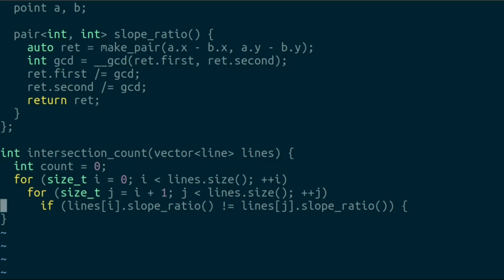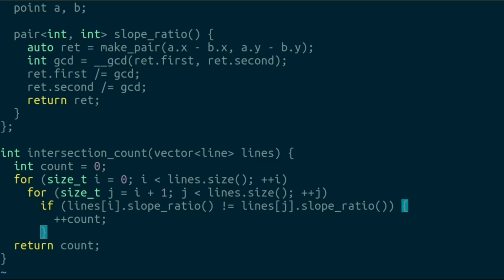Since the slope ratios are in reduced form, this is equivalent to checking whether or not the two lines have different slopes. That is, they are not parallel and therefore will have exactly one intersection between them. If that is the case, increment the counter of intersections, and finally return the number of intersections.